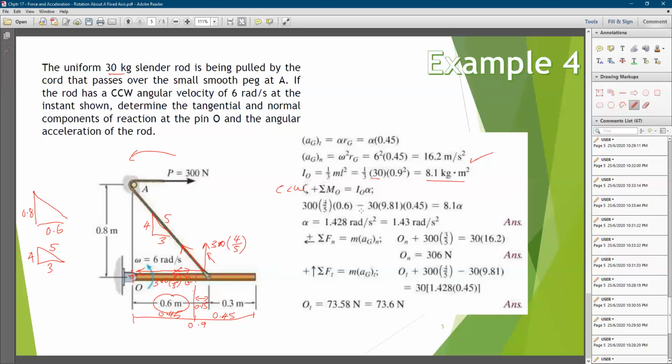And then what else that we have? We have the mass. The mass of this rod. Okay. The mass, mg, mass of this particular rod. And it is going down here.